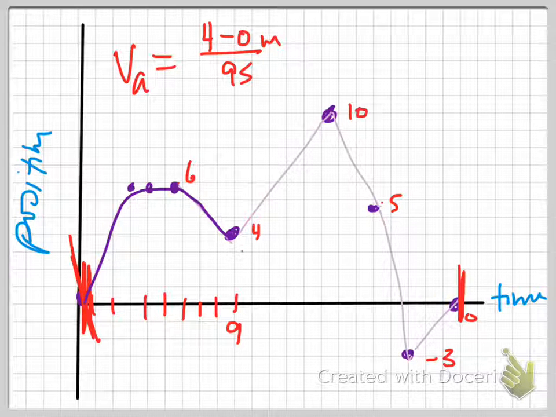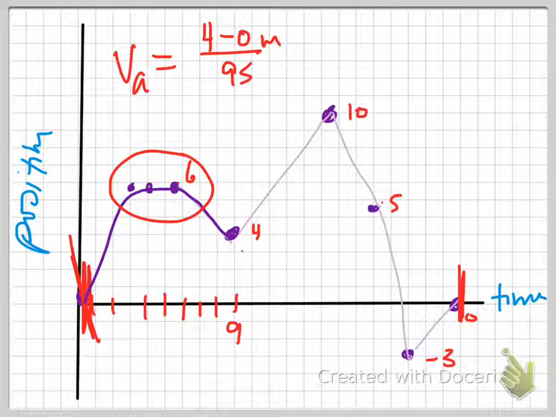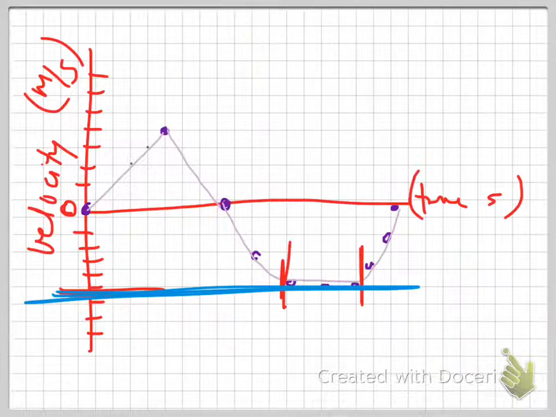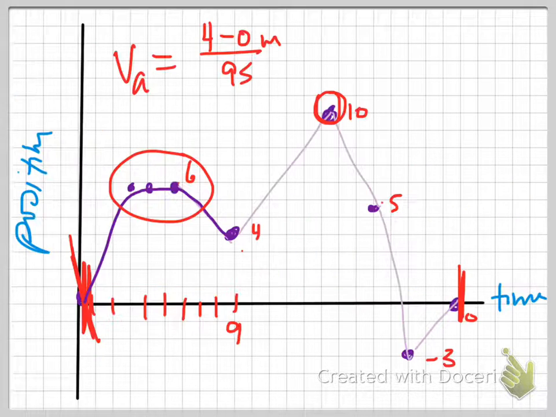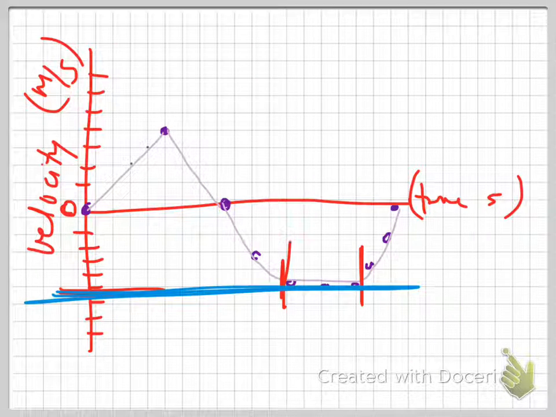Where on this is the velocity equal to 0? Where is the slope of the position time line 0? Right there. If we were measuring very carefully at that exact point when it turns, there's probably a moment of 0 velocity as it turns around and moves backwards. But the slope of this line gives velocity. The slope of this line gives velocity. Yeah, the slope of this line gives acceleration.